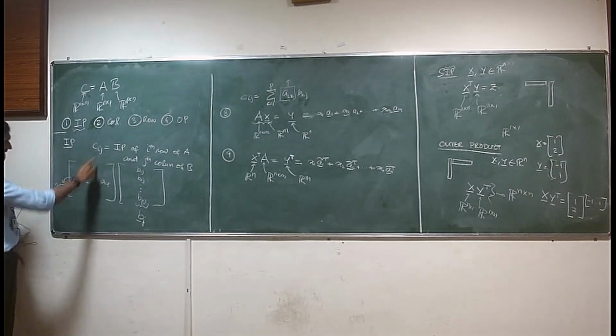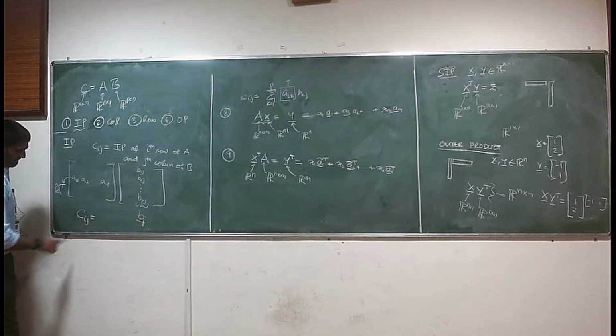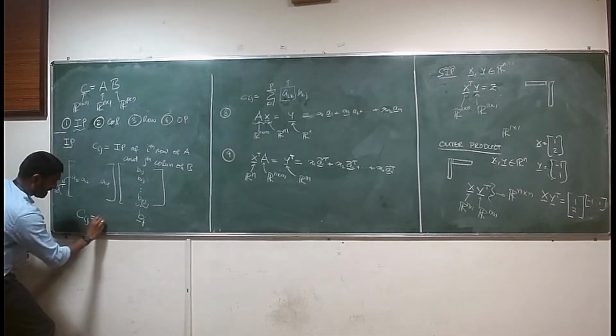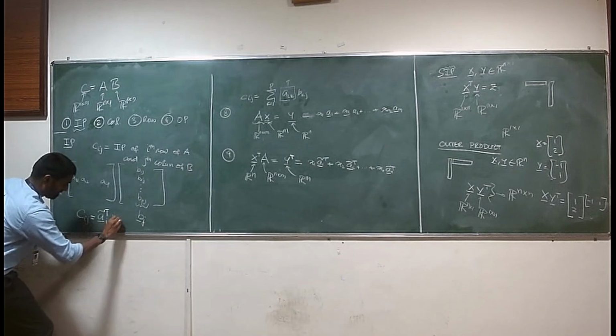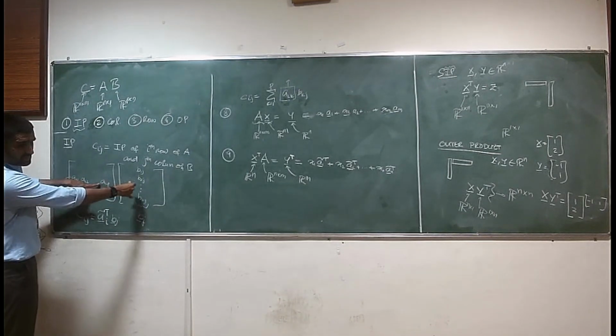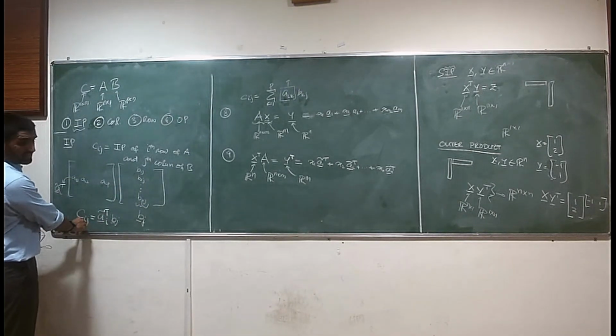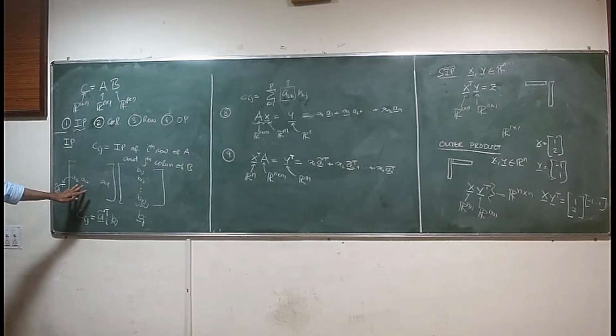Cij is nothing but the inner product: you take the ith row, jth column, and take the inner product. That gives you the ijth element. That's the inner product interpretation of what's going on with matrix multiplication.